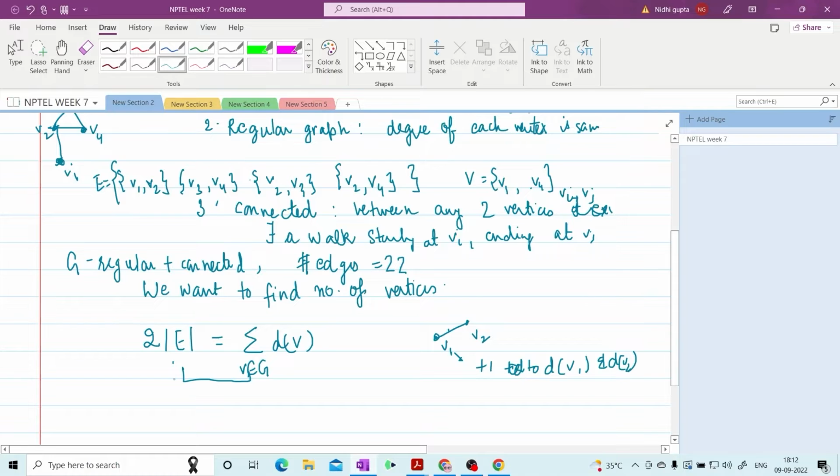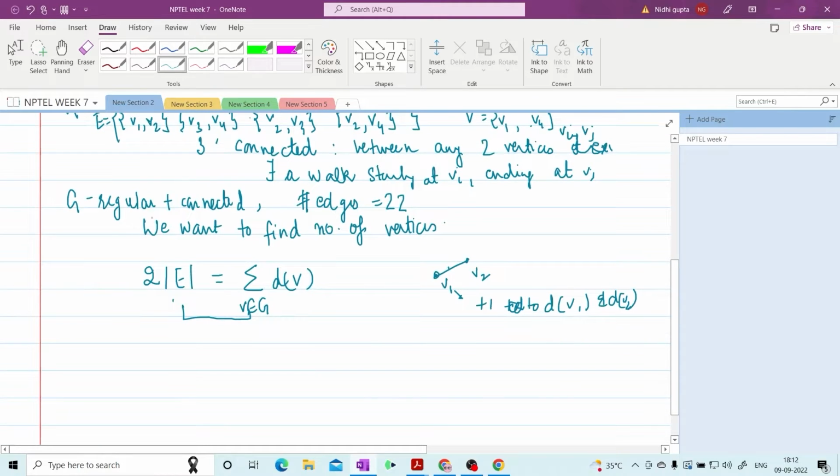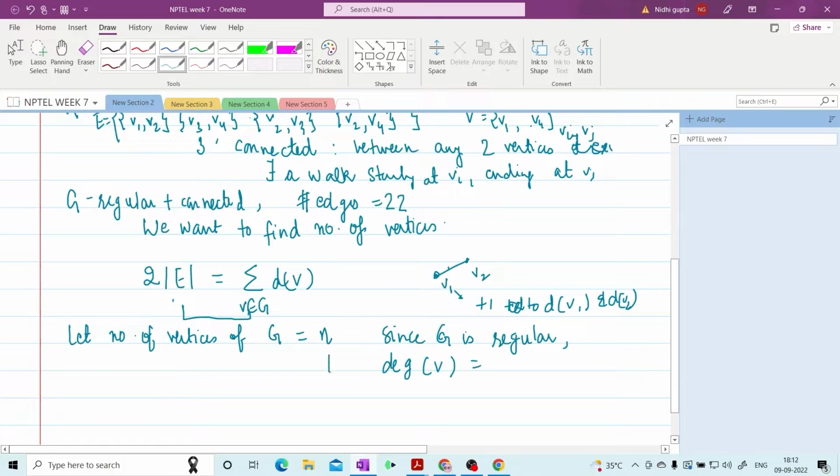Now we want to solve this. Let the number of vertices of G be n, and since G is regular, let the degree of any vertex v be d.